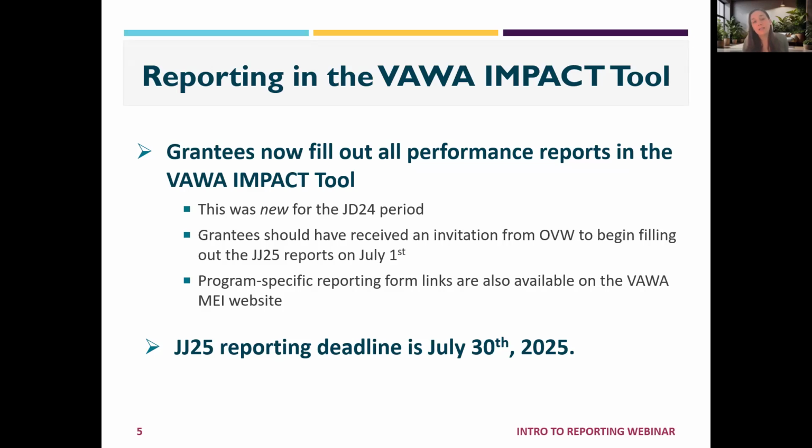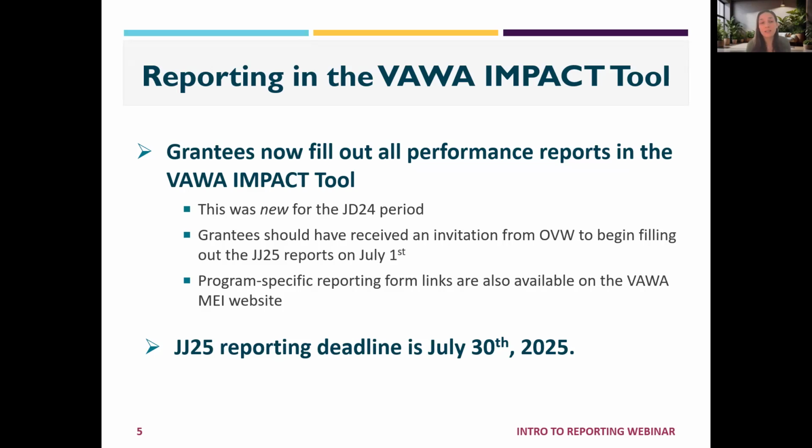Grantees should receive invitations from OVW inviting them to begin filling out their January to June 2025 reports starting on July 1st. That means going through the email link for a blank reporting form.